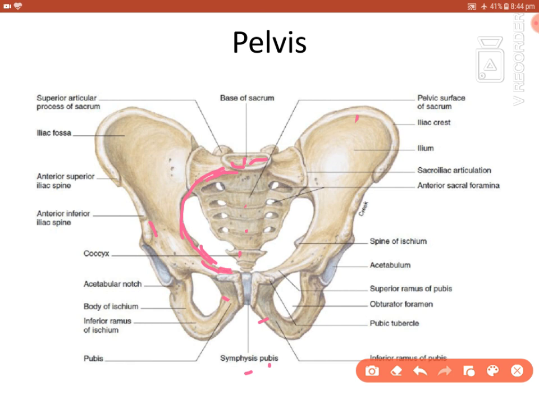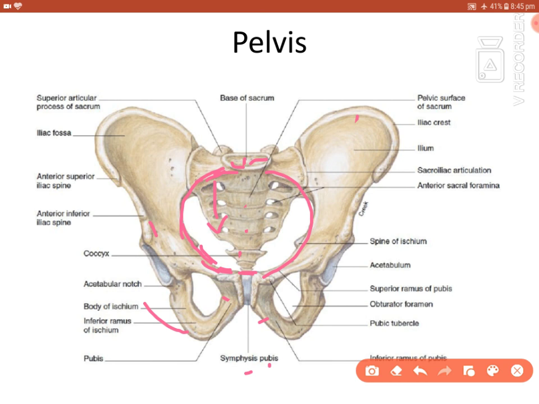This is the pubic crest, the upper part of the body of the pubis, and the pubic symphysis. This forms the pelvic inlet. Then inferiorly we get the pelvic outlet. The space inferior to the pelvic brim forms the lesser pelvis or the true pelvis.